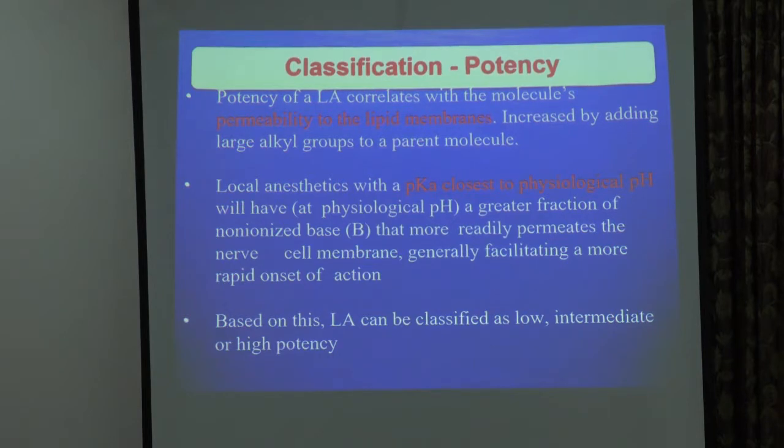This is very theoretical. Practically not so, because there are some whose pKa's are quite far from the physiological pH, but they are very, very potent. So theoretically, yes, this explains it, but practically there are some exceptions. Data does not support this wholly.